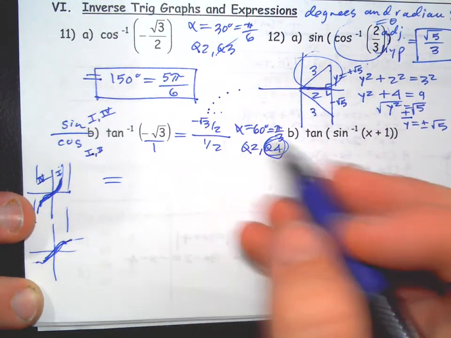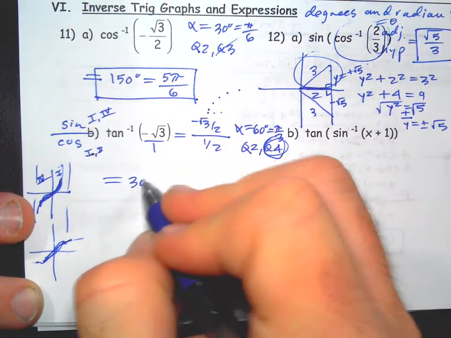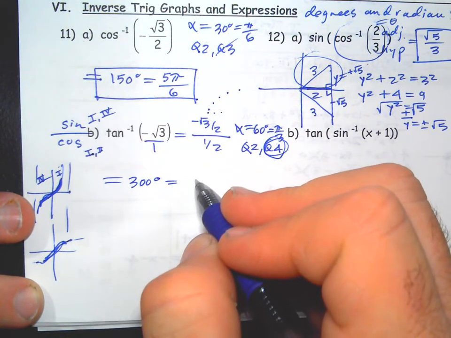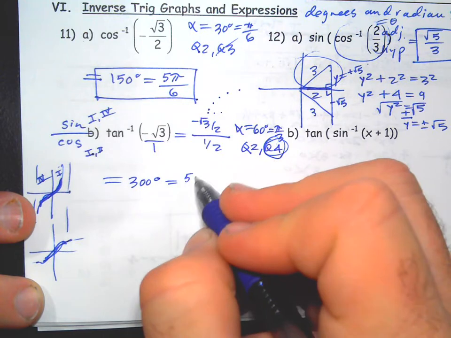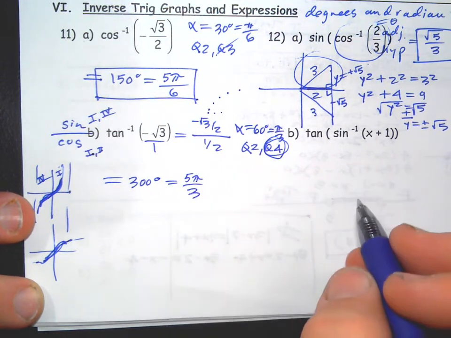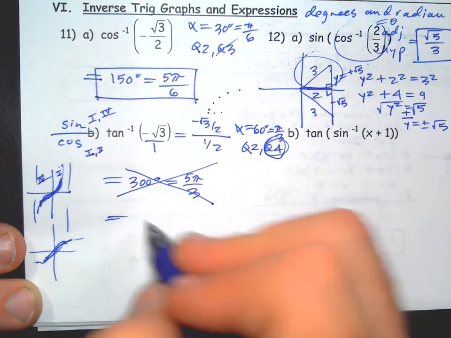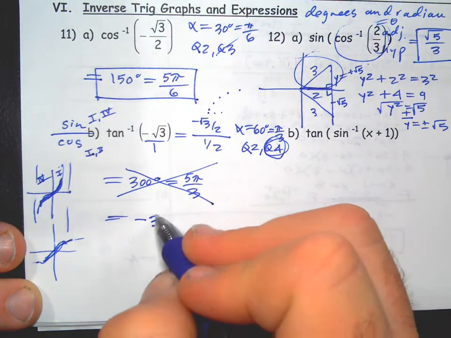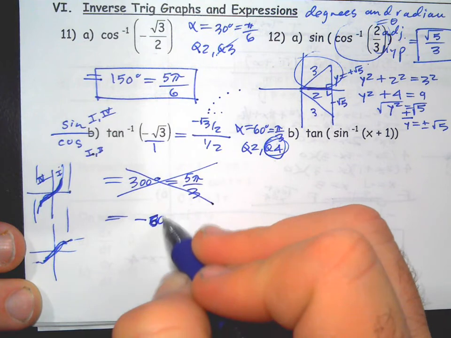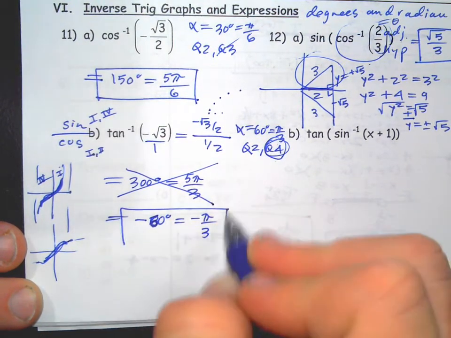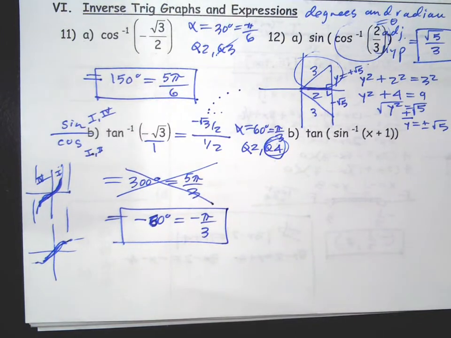They say, well, quadrant 4, that would be 300 degrees, or 5 pi over 3. Nope, that is quadrant 4, but in this case, you have to go backwards into it. It needs to be negative 60 degrees, negative pi over 3. Principal values. It's quadrant 4, but it's backwards, attached to quadrant 1.